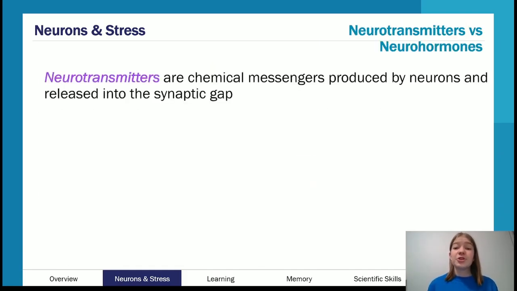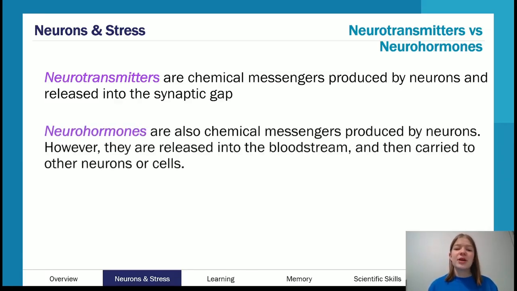We've also got neurotransmitters and neurohormones. Our neurotransmitters are chemical messages produced by neurons released into the synaptic gaps. So they're going from neuron to neuron. We also have neurohormones, which are chemical messages produced by neurons, but they're released into the bloodstream where they're carried to other neurons or cells.